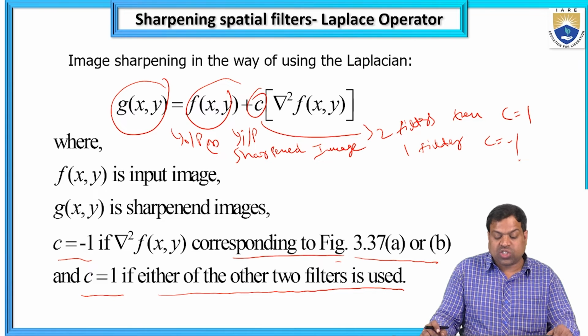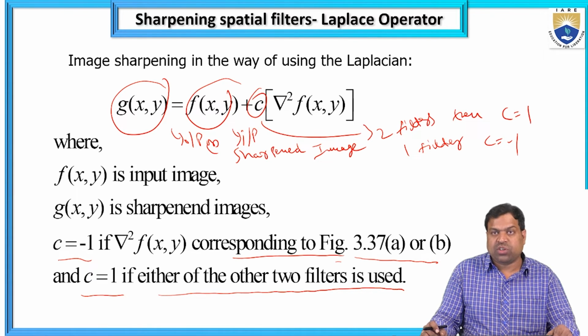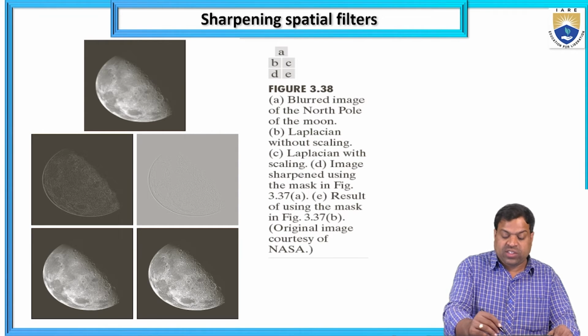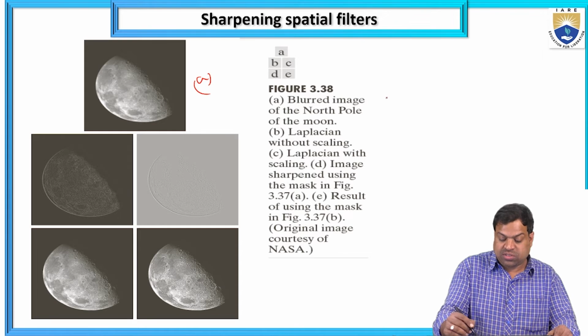So the image sharpening using the Laplacian is g of x comma y equals f of x comma y plus c of delta square of f of x comma y. Here is another example.